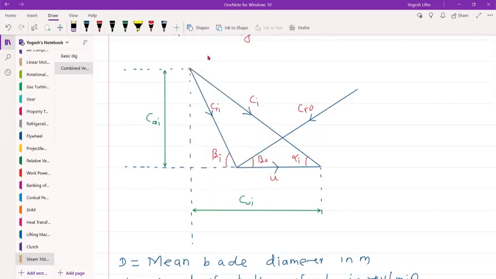Then the last point is CO. This velocity is CO. Try to understand my point here, everyone.